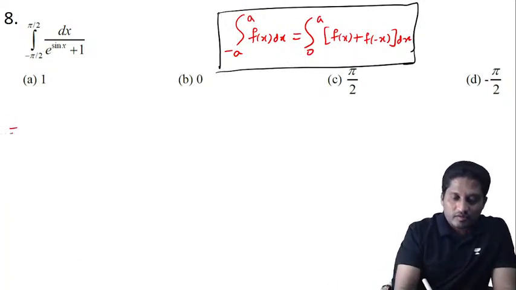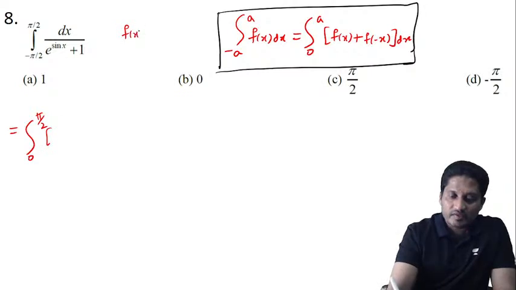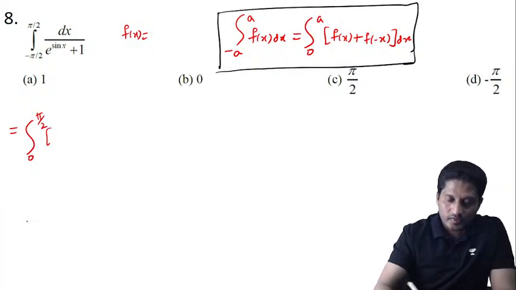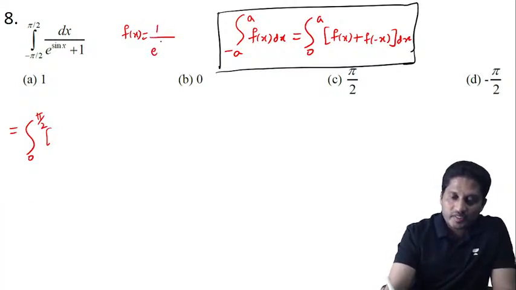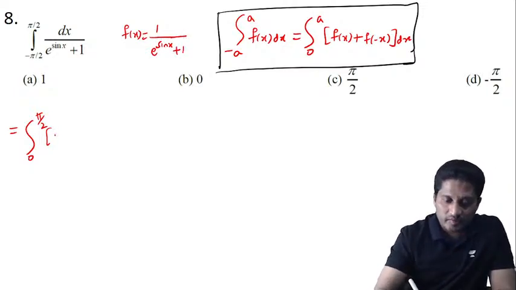Now this will be equal to, the limit is 0 to pi by 2. I'll take f of x equal to 1 divided by e to the power sin x plus 1. Now this is the integral from 0 to pi by 2 of f of x plus f of minus x dx.